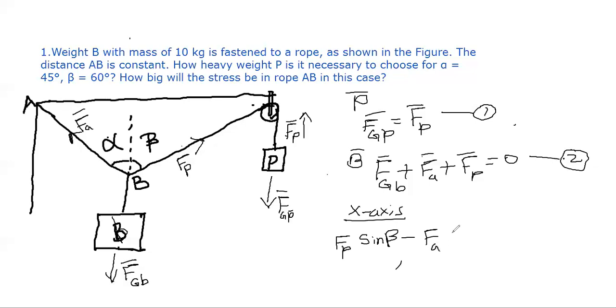So Fp minus Fa in the x direction is equal to 0. Let us write it as equation number 3.